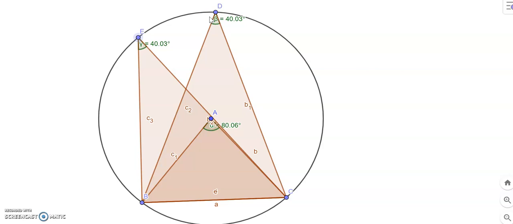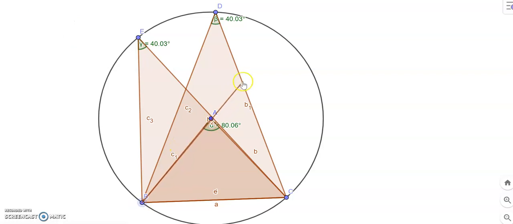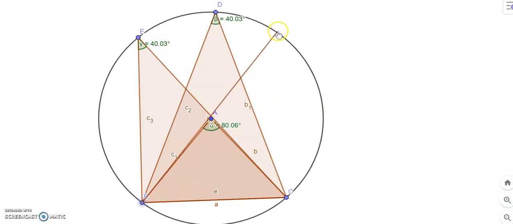What is the third one we talked about? We talked about the angles in a semicircle. So very first, we draw a diameter. I want my diameter to go there and then back here. Let me have my diameter as usual there.